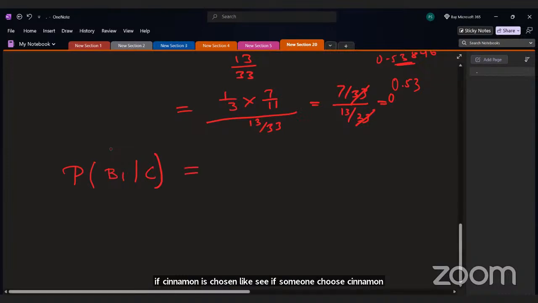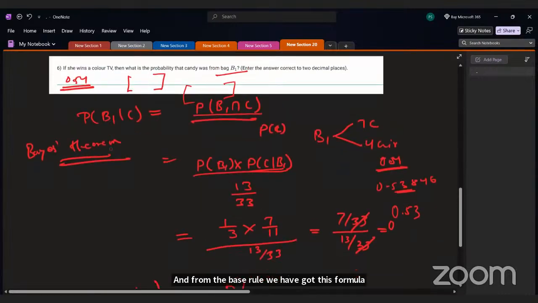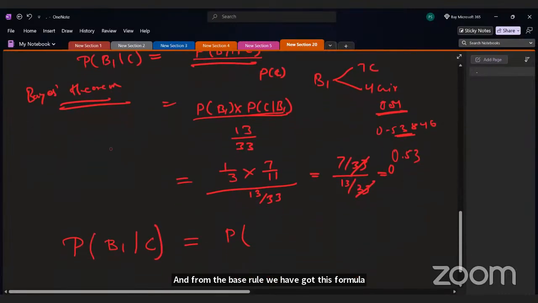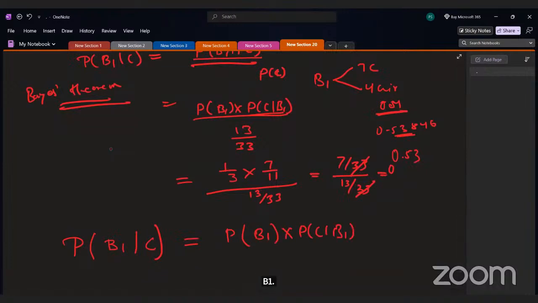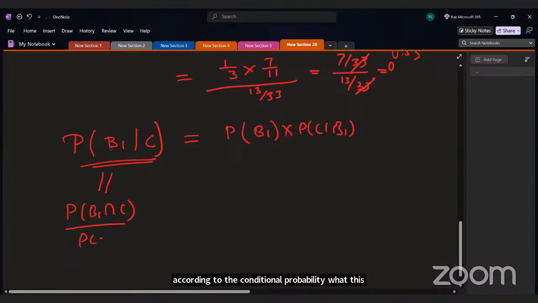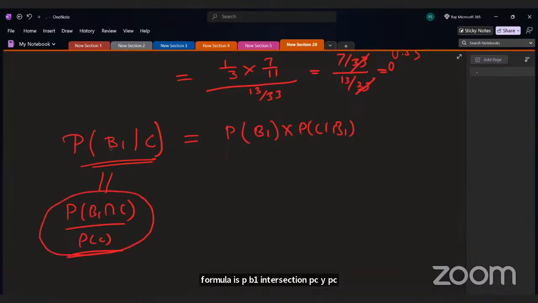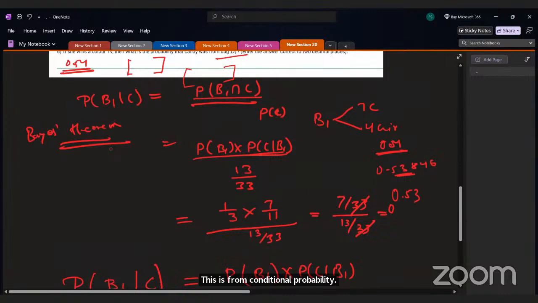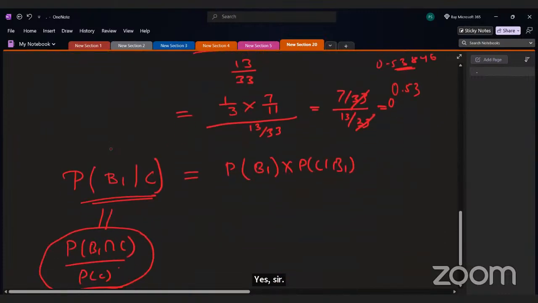From the Bayes rule we have got this formula: P of B1 times P of C given B1. According to conditional probability, this formula is P(B1 intersection C) by P(C). Yes, this is from conditional probability. We already calculated P(C) using total probability here.